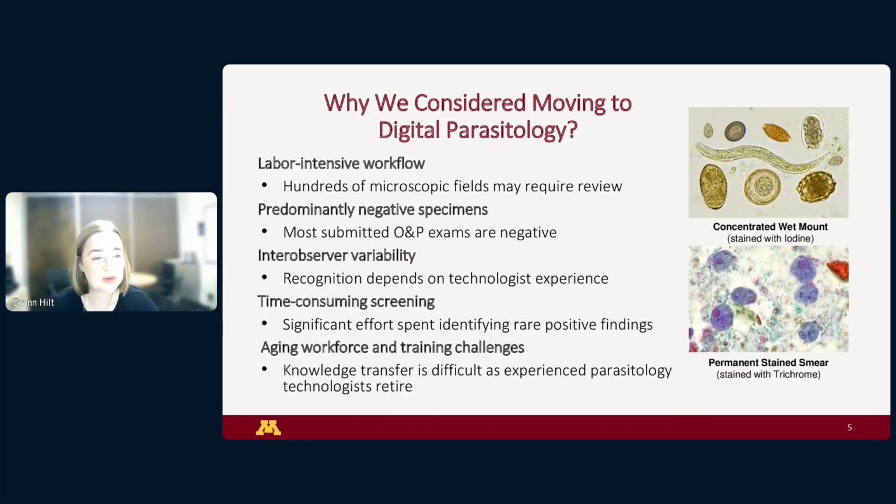All of our truly trained expertise within parasitology is leaving, so that knowledge transfer itself can be difficult. It takes time and effort and seeing these things over and over again to gain that expertise and feel confident in calling things out.